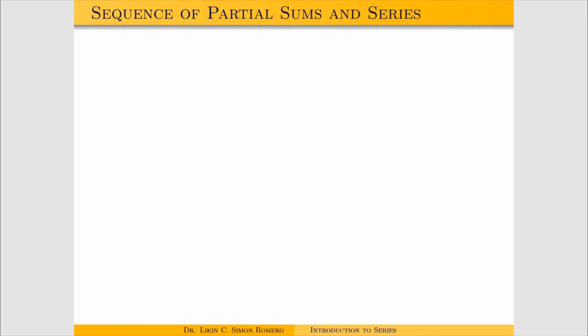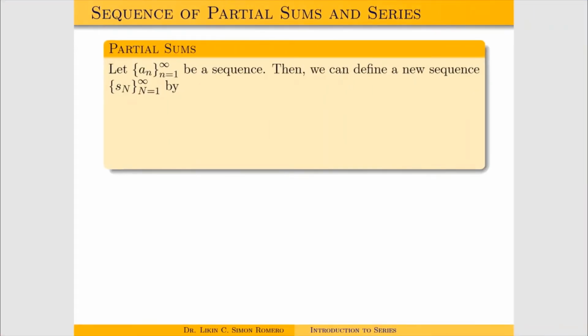So when we're talking about an infinite sum, there are a few things that are not so natural that come up. Some issues that when you're talking about regular addition, we don't have, but now that we're adding up an infinite number of numbers, we do have. So one of the things that we do to talk about the sum of a series is we introduce this sequence of partial sums.